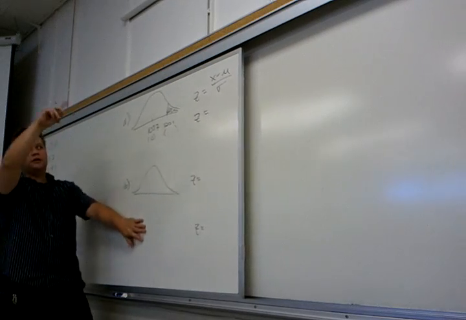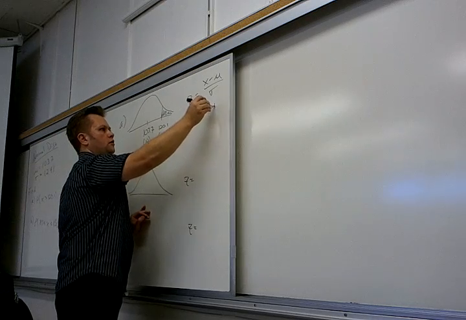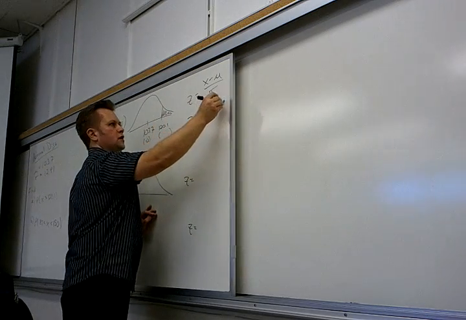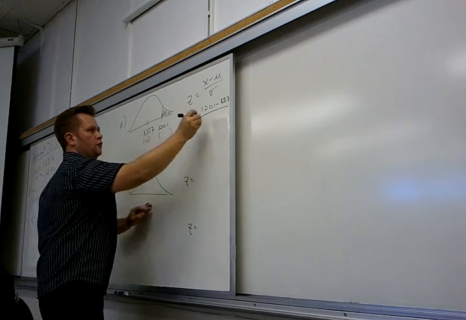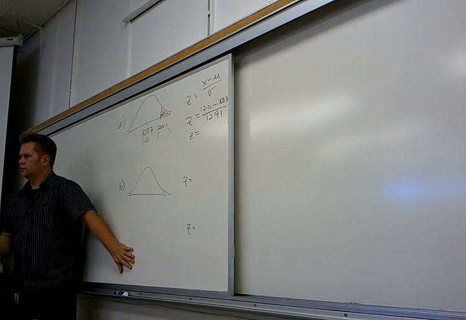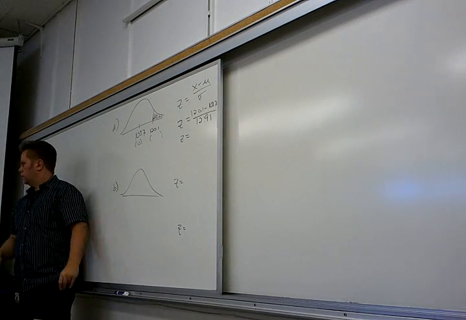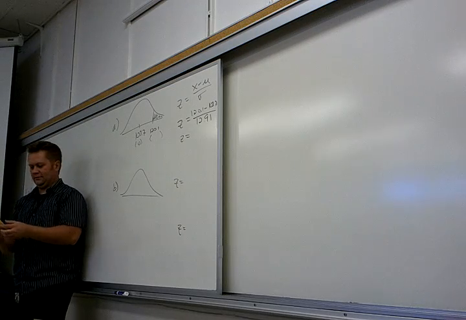So to get the z-score, x minus the mean over the standard deviation. So my data point is 120.1. The mean is 103.7. Standard deviation was 12.91. What do you guys get for the z-score there?